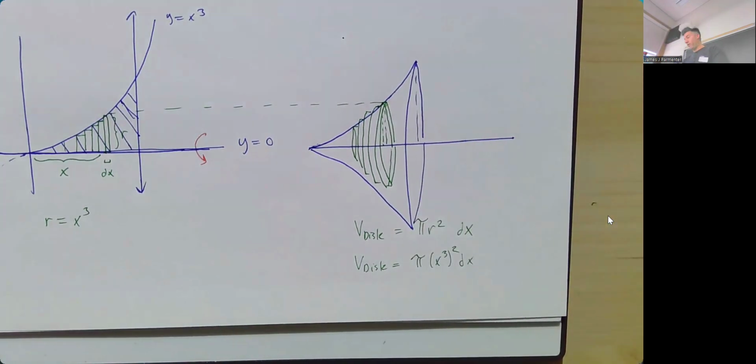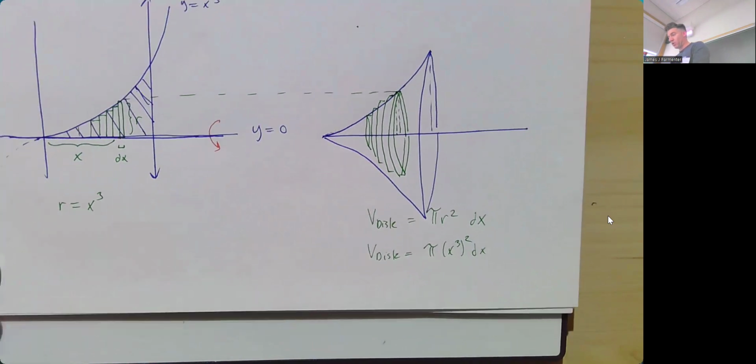So that's the idea. We're trying to find the volume of this kind of cone-ish looking thing. And the way we're finding it is by adding up, in quotes, all of these volumes of disks, but really when we add them up, we let the widths get smaller and smaller, and we take the limit and we end up using an integral.